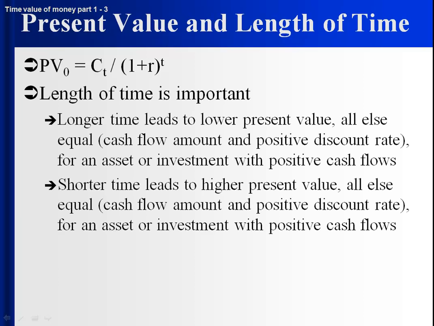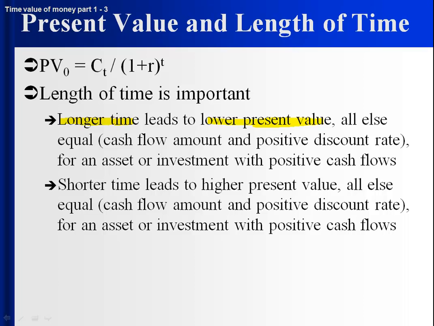Length of time. Again, this is another one that is a little bit less commonsensical, but one that my students generally identify, and that's that longer time leads to lower present value, all else equal. So this is the piggy bank example, where we had 3 piggy banks. They all had $100,000 in it.